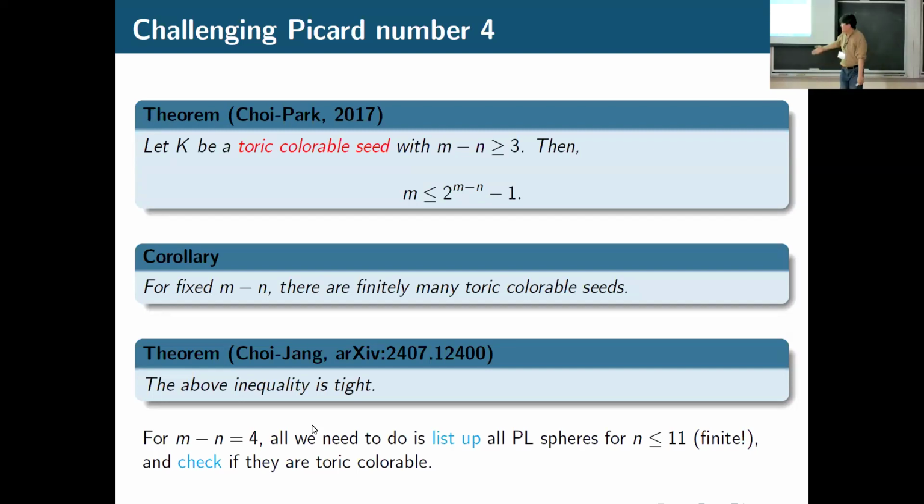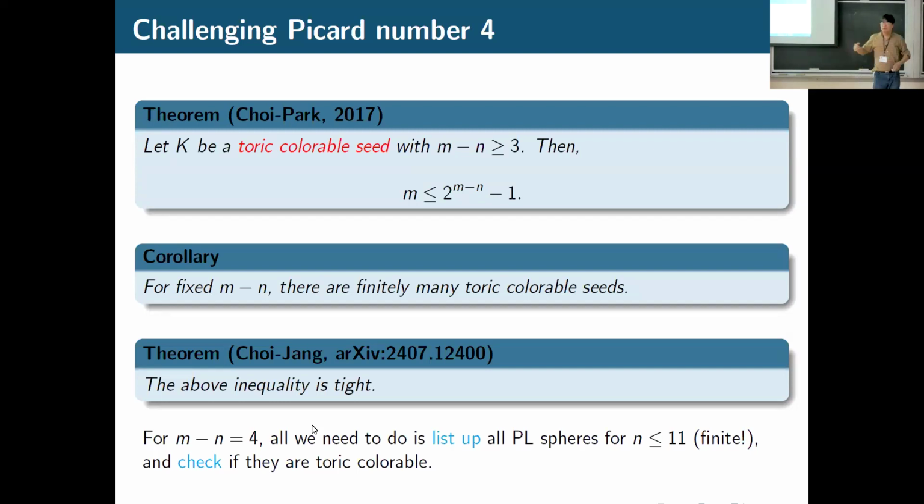So actually, as far as I know, there is no efficient algorithm to find all PS pairs for such a big dimension with n plus 4 vertices. So this is really hard work to list.